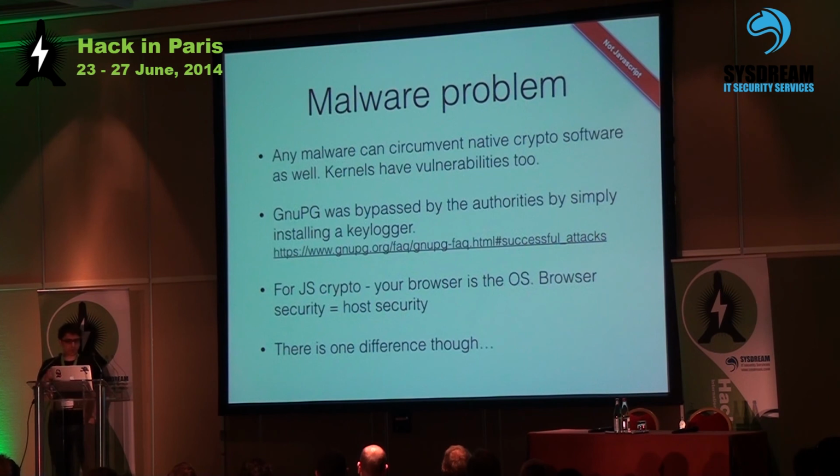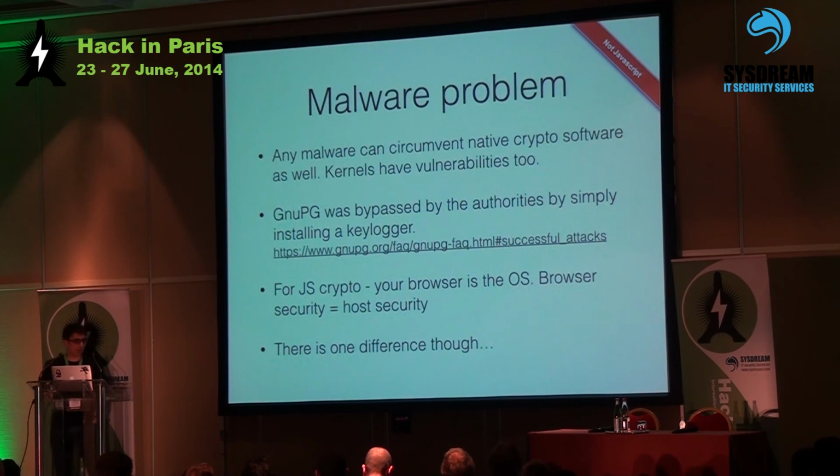I would argue that this is a malware problem. If you want to be so paranoid as to try to protect your JavaScript crypto application from exploits targeted at the browser, it's similar to trying to protect native crypto applications from someone triggering a kernel exploit.